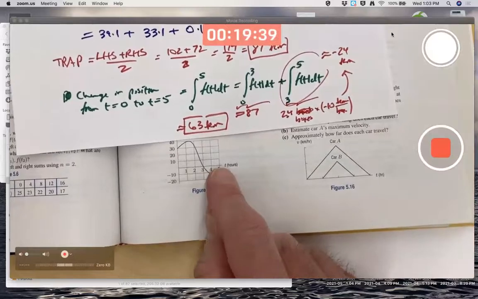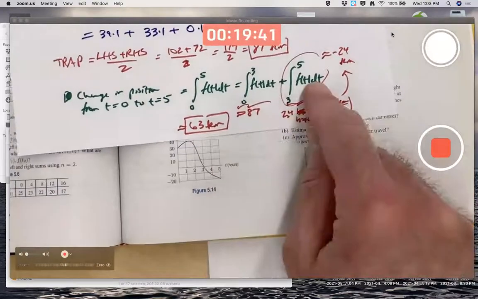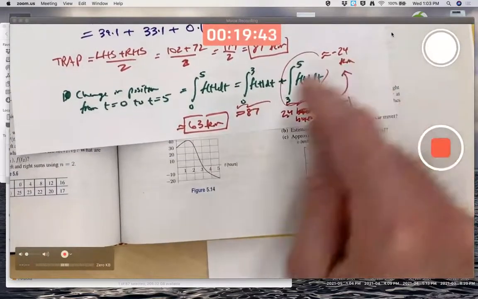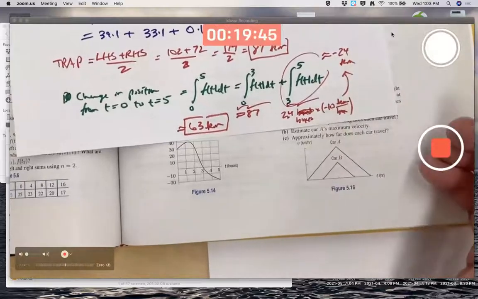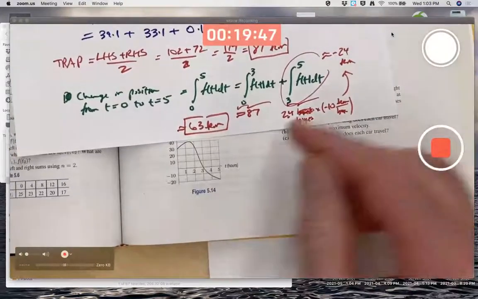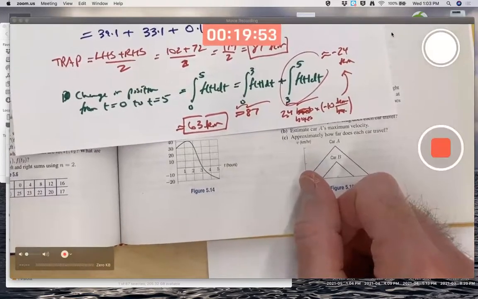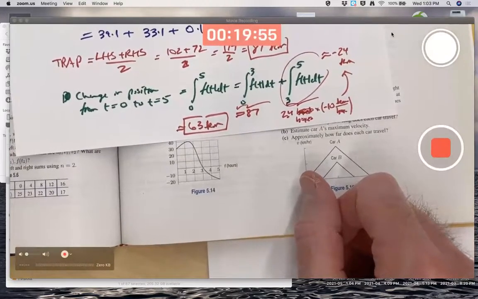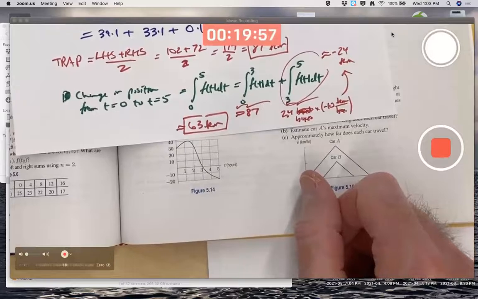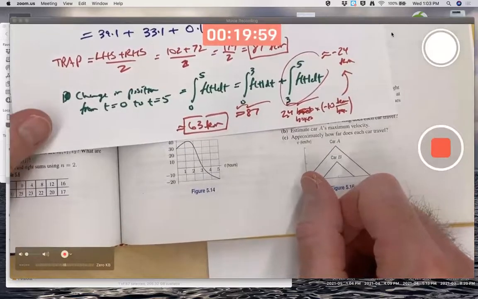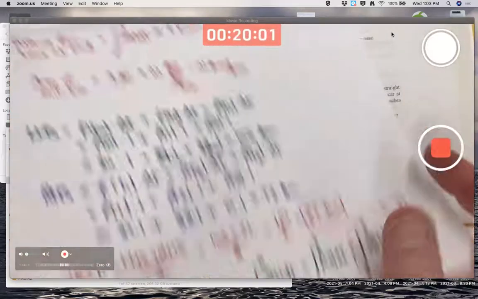The combined integral from 0 to 5 is the sum of these two, though one of them is negative. 87 plus negative 24 is the same as 87 minus 24 is 63. Can I clarify anything? We good with this? Pretty important kind of problem to be able to do.